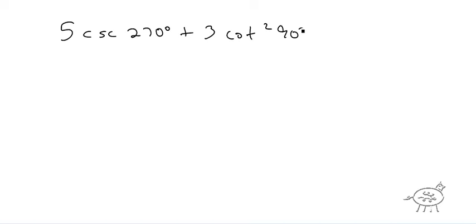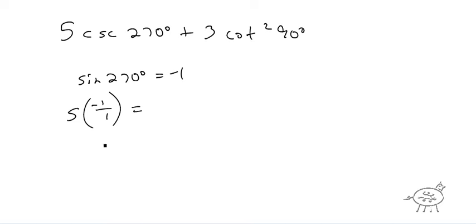I know cosecant goes with sine, so the sine of 270 degrees is -1. So the reciprocal is 5 times -1 over 1, which is still 5 times -1.